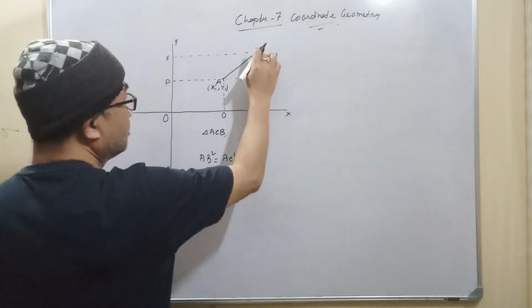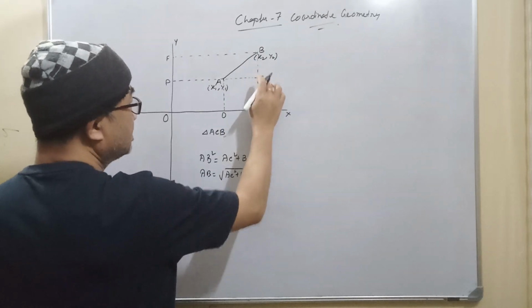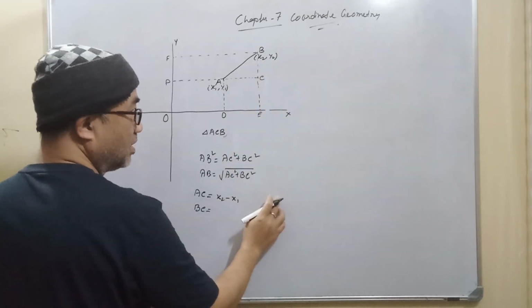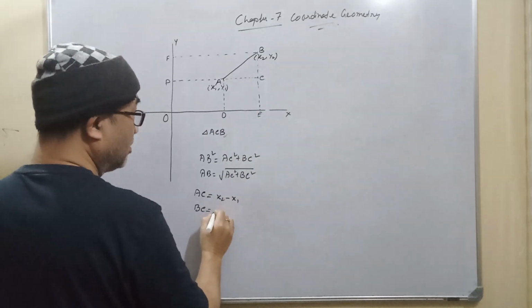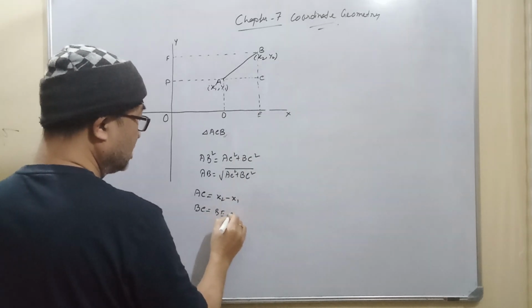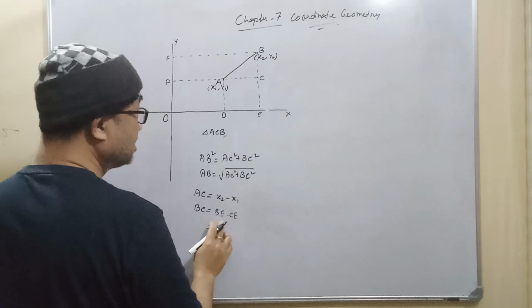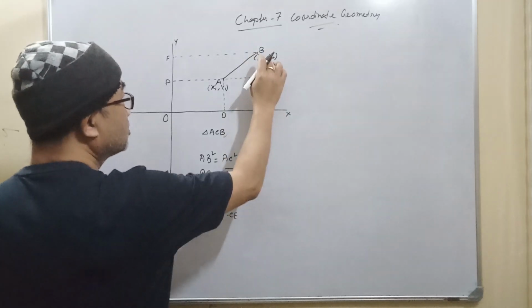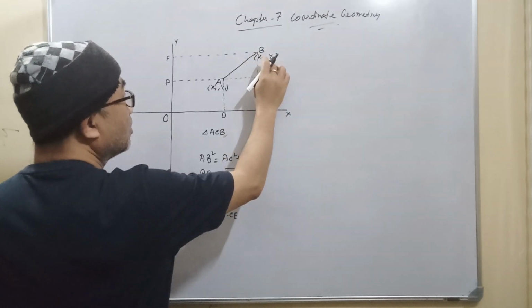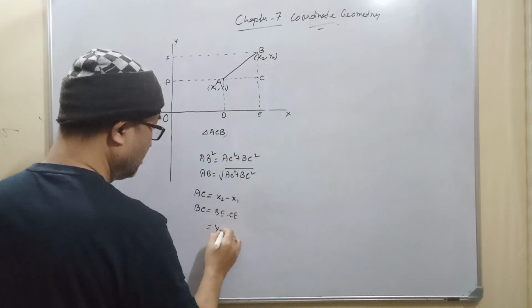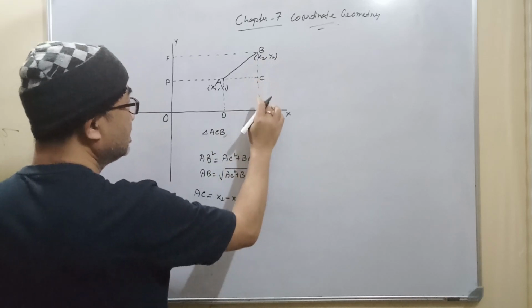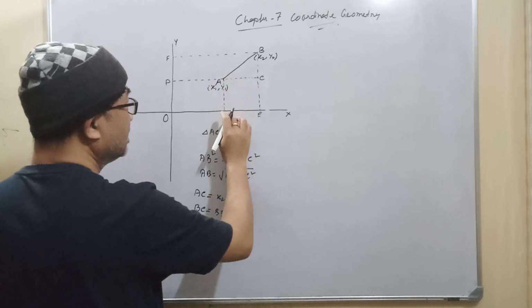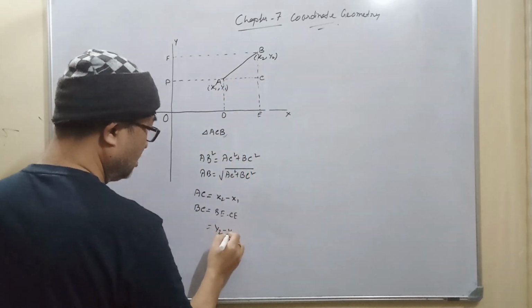BC is equal to BE minus CE. What is BE? BE is y2. What is CE? CE is equal to PA, which is y1.